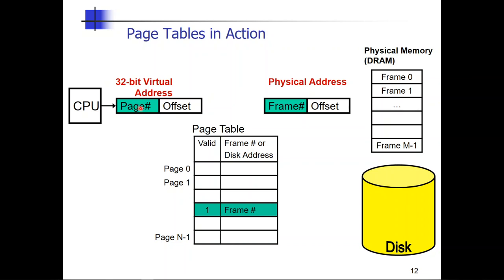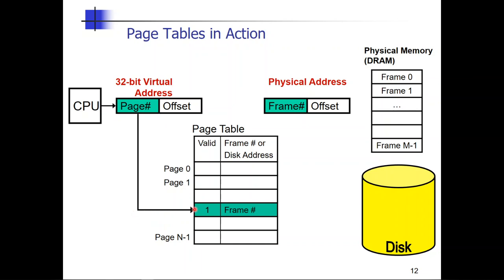Next, we need to find the mapping or the translation for the page number. So we look at the page table, which by the way is in the physical memory, which means that we already have one memory access, which might not be a very good thing in terms of memory access times. We will look at that in the next video.